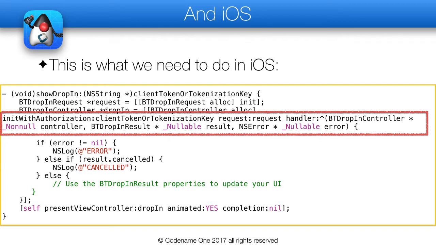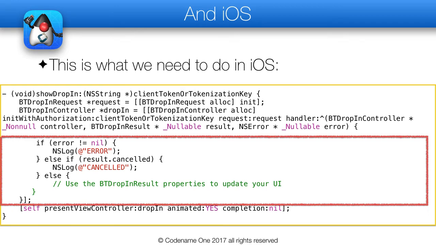So the request argument name and value make sense, but the last argument might seem odd. Handler is an argument that accepts a lambda expression with a callback. That callback accepts several argument types and will be invoked asynchronously when a purchase produces a result.